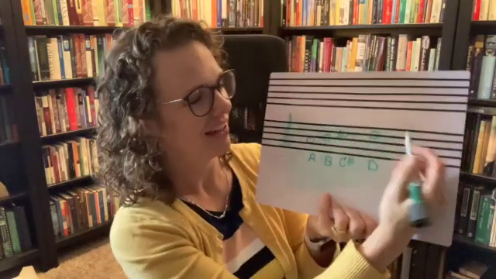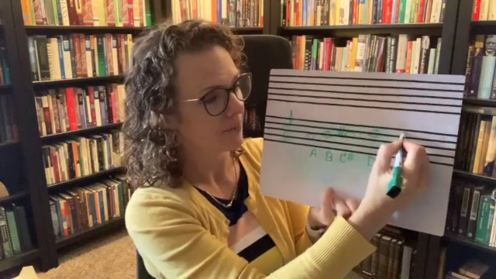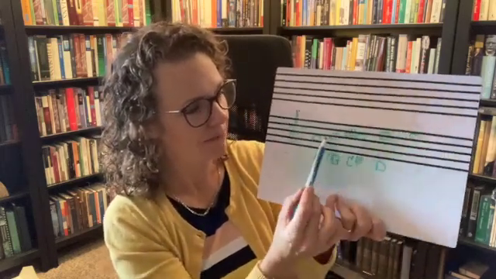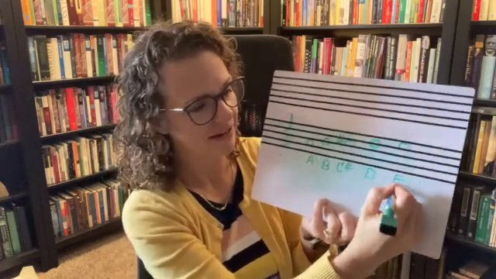And on our fingerboard, A, first finger, B, second finger, C sharp, third finger, D, fourth finger is E. And just like on this, we're stepping up on the fingerboard and in the staff, it's the next space up. A, B, C sharp, D, E.